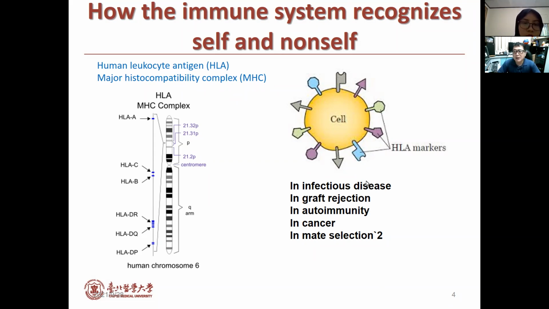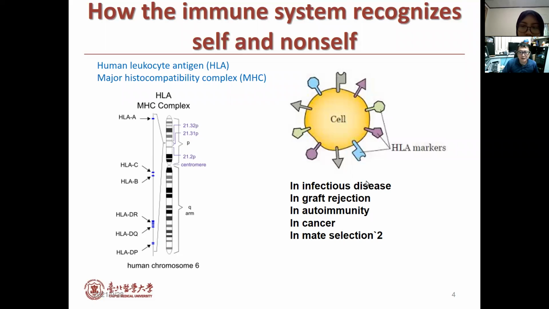Therefore, most cells with a nucleus must present HLA. It makes it very difficult to do transplantation, even of an organ or bone marrow. Okay, that's just to clarify one thing.